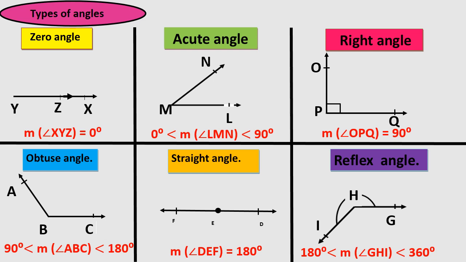Let's solve now some exercises of these types. Number 1, complete: the angle whose measure equals 89 degrees and 60 minutes. 60 minutes equals 1 degree, so it will be 90 degrees. Right angle.